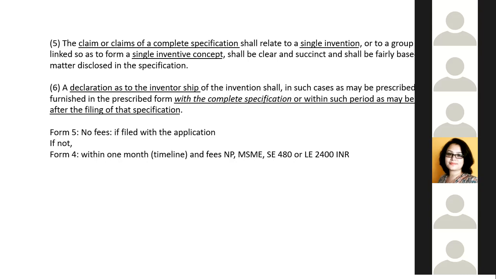If you are failing to file that, you have to file Form 4 within 1 month of timeline with the fees. That is already mentioned, 480 for the natural person and for the large entity 2400. So आप कोई भी एप्लीकेशन फाइल करोगे तो उसमें फॉर्म 1, फॉर्म 2 एंड फॉर्म 5 फाइल करना पड़ेगा आपको एट अ टाइम ऑफ फाइलिंग.